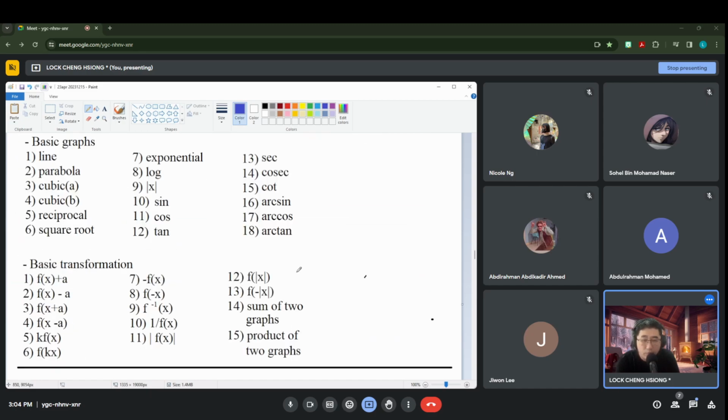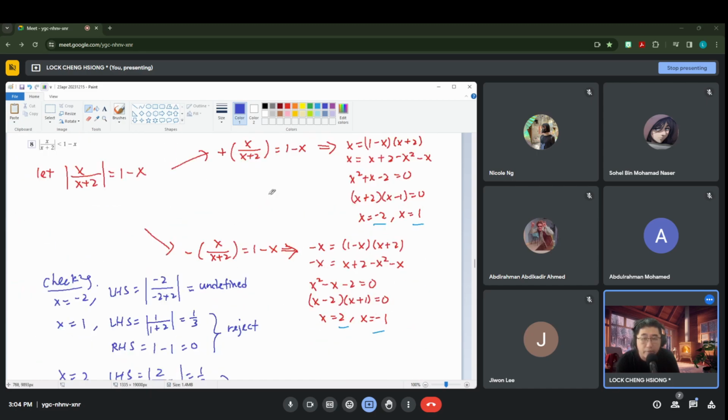Did I factorize wrongly? Let me just check.